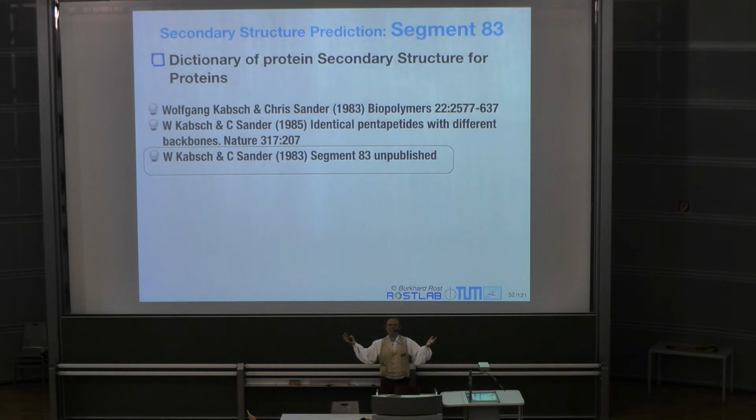Essentially they had exactly the idea of coming up with a dictionary of syllables that they can match to secondary structure states in a clever way. But for that they needed a data set that was much larger than the data set they had. And for that they needed an automated assignment method. And they ended up, instead of publishing, so they wanted to predict secondary structure.